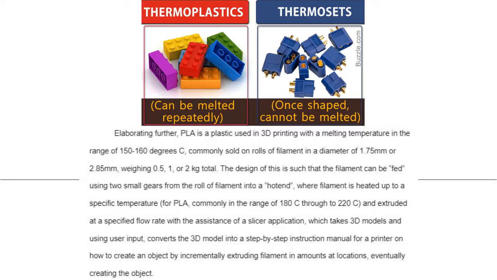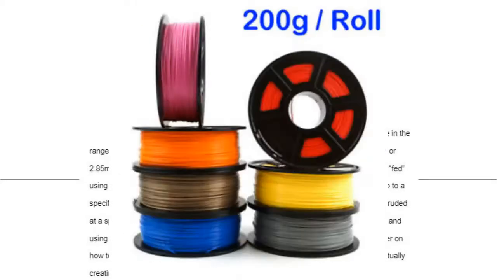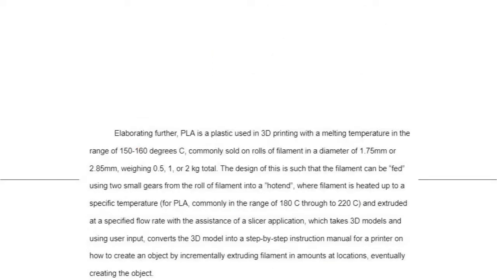For PLA, this is commonly in the range of 180 degrees C to 220 degrees C, and it is extruded at a specific flow rate with the assistance of a slicer application, which takes 3D models and, using user input, converts the model into a step-by-step instruction manual for a printer on how to create an object by incrementally extruding filament in a multitude of locations, eventually creating the object.